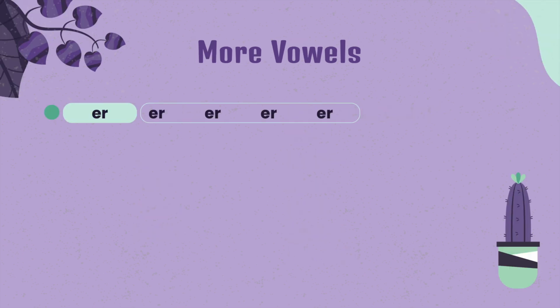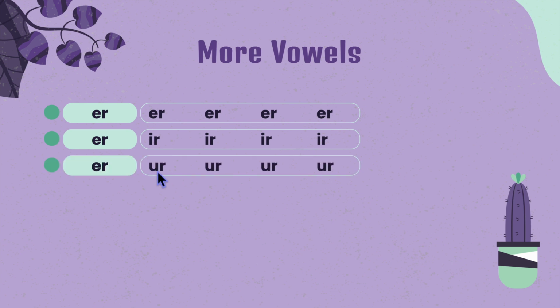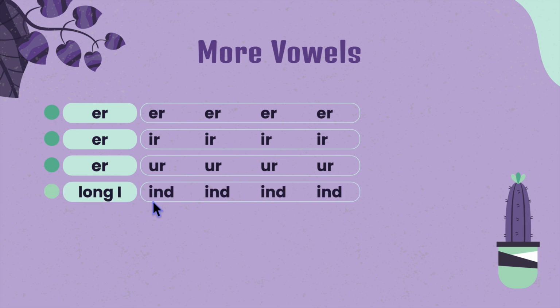Here are some more vowel sounds. Er. Here's another spelling of er. And a third spelling of er. This has a long I sound. Eind.